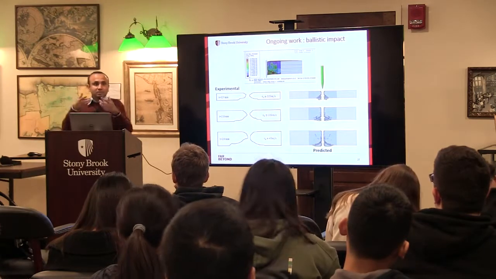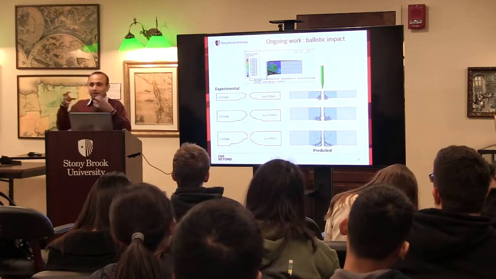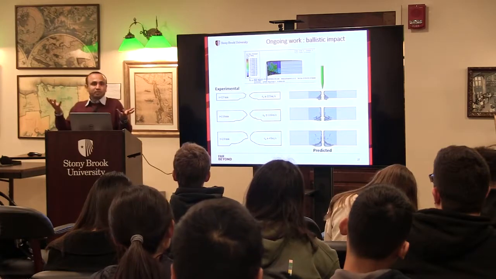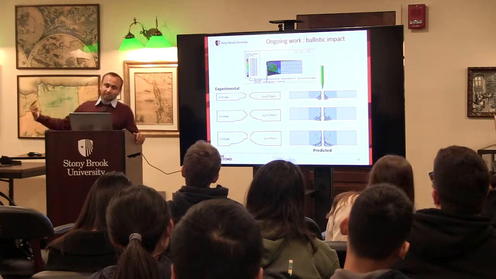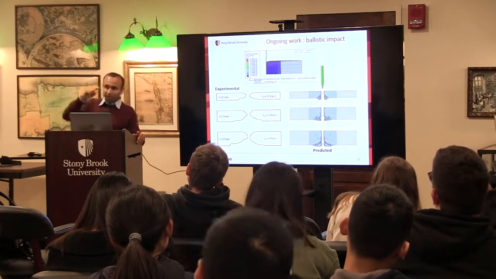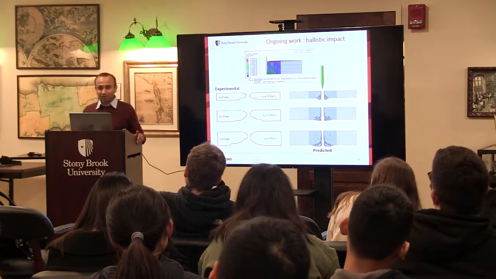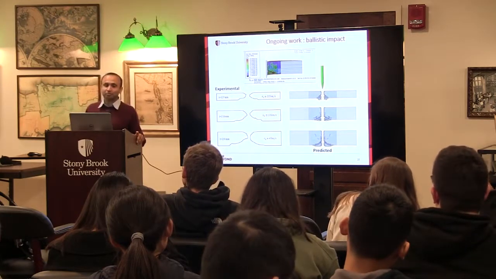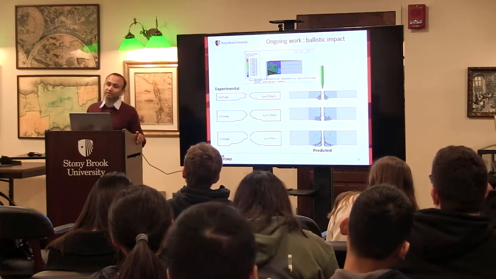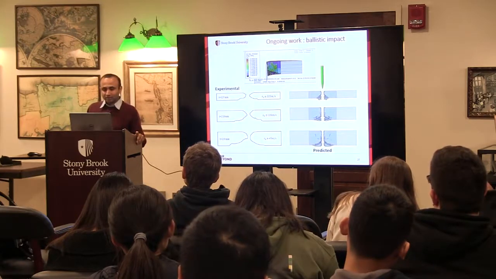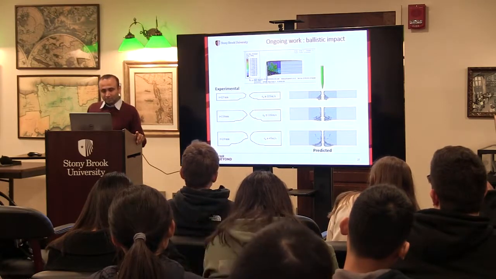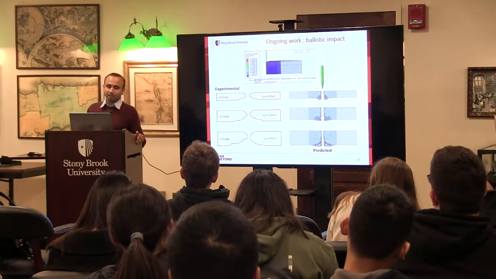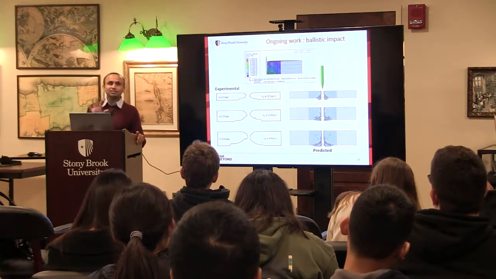In that case, cement paste is the matrix and the gravel is the aggregate. But there is also sometimes steel, which is reinforced concrete. But concrete by itself is also composite. So this shows some results of ballistic penetration, missile penetration, and you see how we match pretty well the crater shapes, but not that well. So this is ongoing.